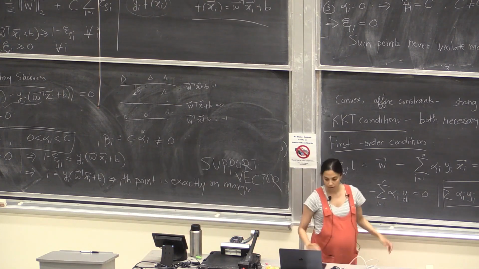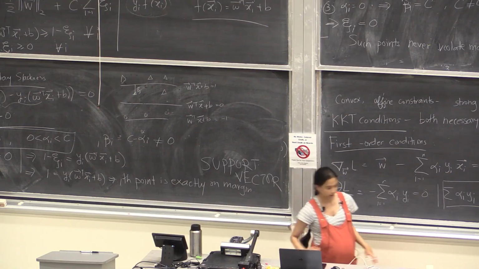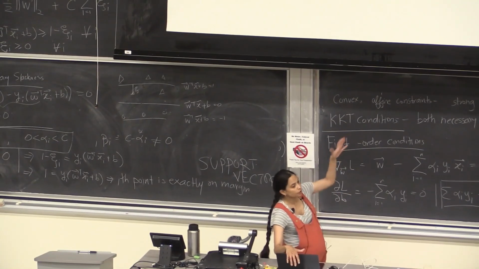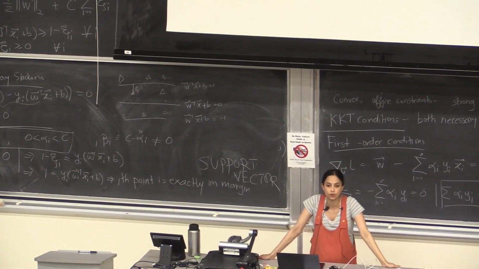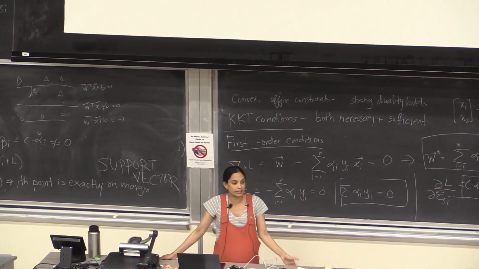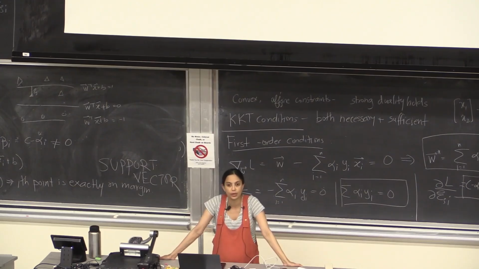I'm just going to show you this in the context of a demo. Point being that you can use different kinds of kernels to be able to separate this kind of data, and that is one of the reasons why SVMs are so powerful.